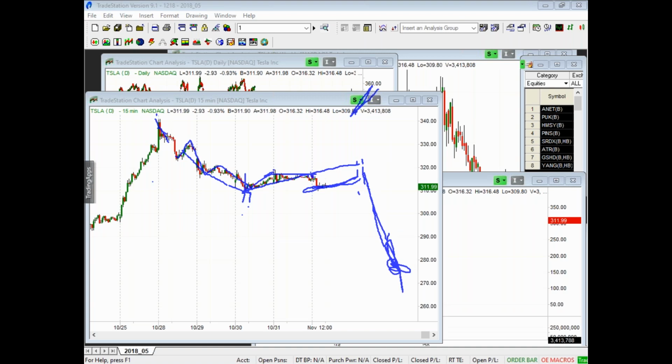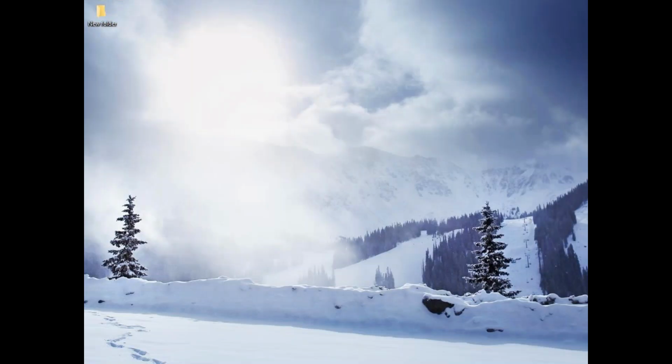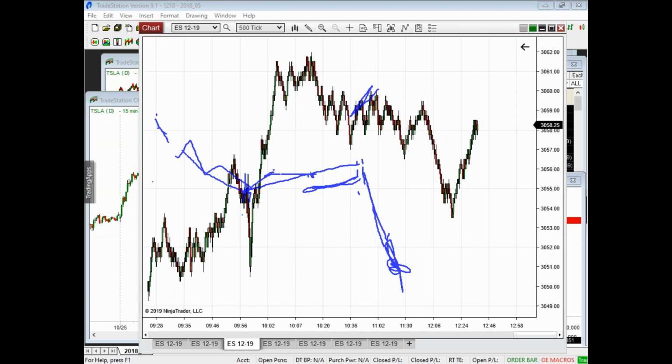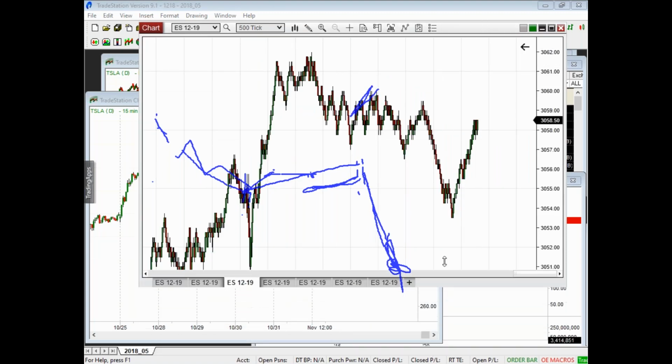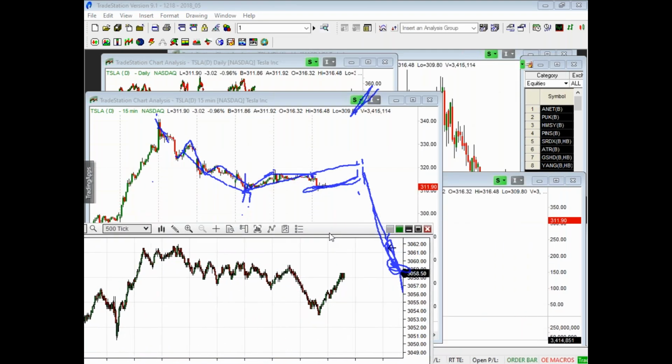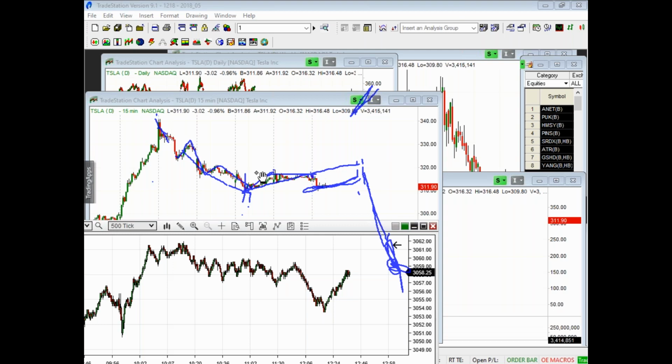Let me put that ES chart up. See how this kind of pulled lower here, went like that, and then fell?